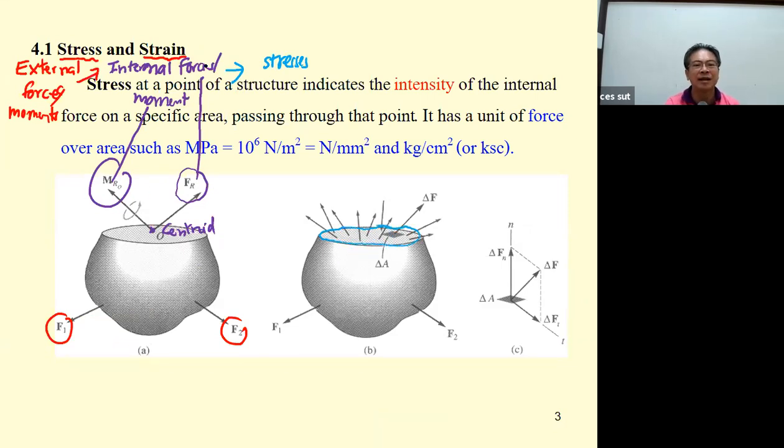In reality, these internal forces and moments are determined from what's called the free body diagram and the equations of equilibrium, and then used to determine the stresses.